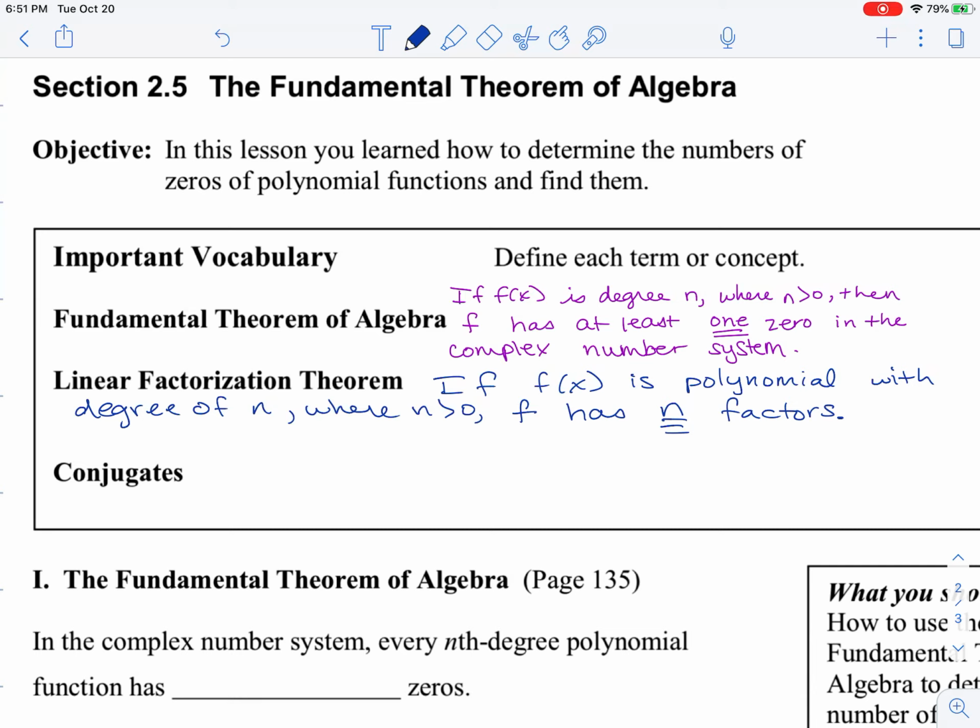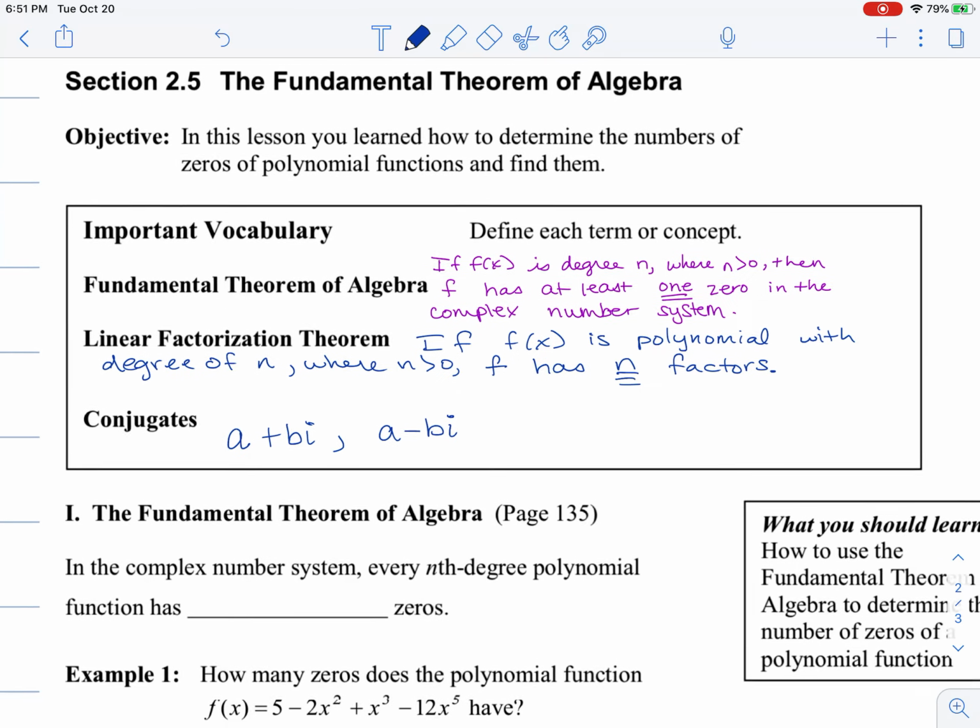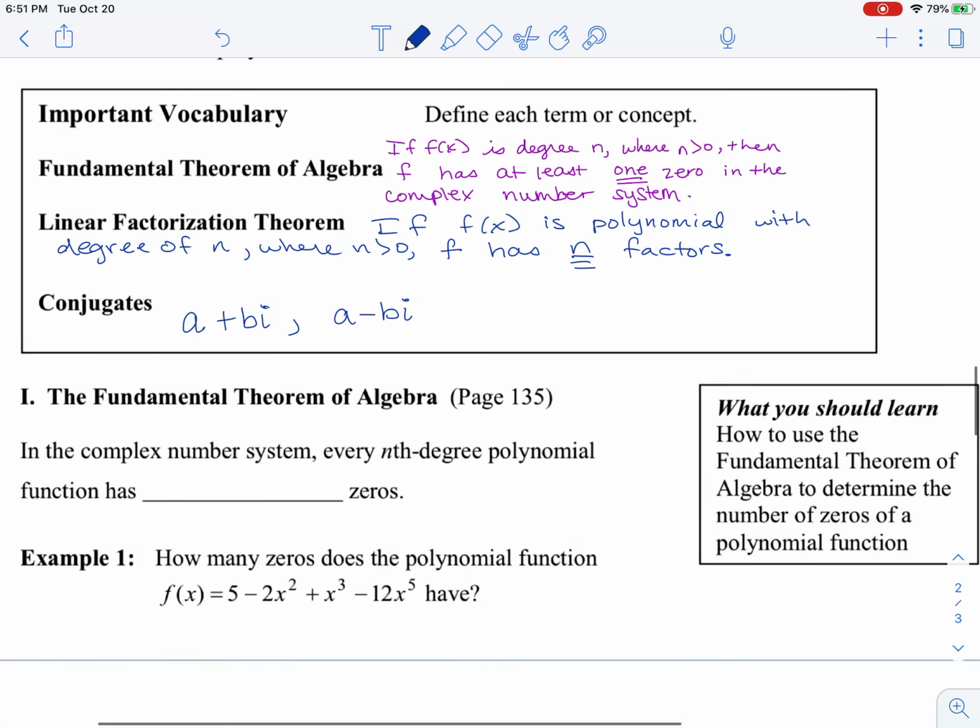And conjugates are, if something is in the form a plus bi, its conjugate is a minus bi. So those are important vocabs. Okay, and if you're looking to follow along, you can look at this on page 135 in your book.